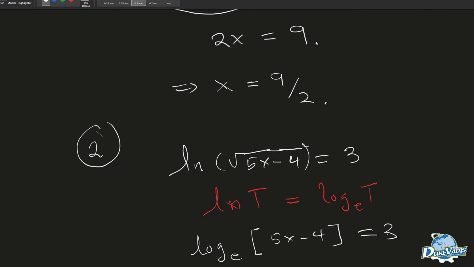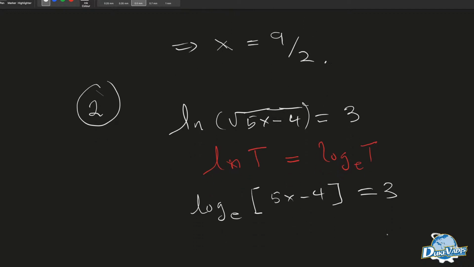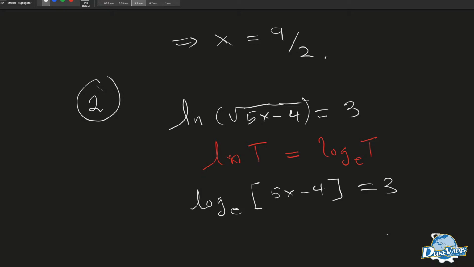Now this equation changes in form once again. As we applied earlier, we are going to get our equation 5x minus 4 to be equal to e raised to the power 3.